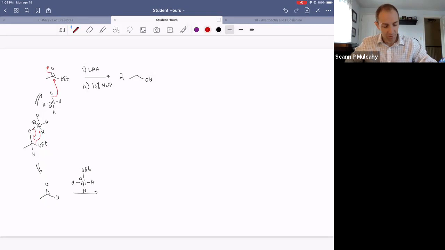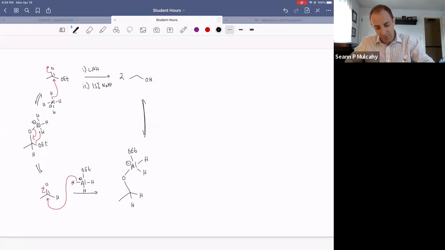And so that's going to perform not a nucleophilic acyl substitution, but now a nucleophilic addition, right? Attack of the carbonyl. So you now form another CH bond, O, aluminum, H, O, ethyl. Aluminum's still negatively charged.